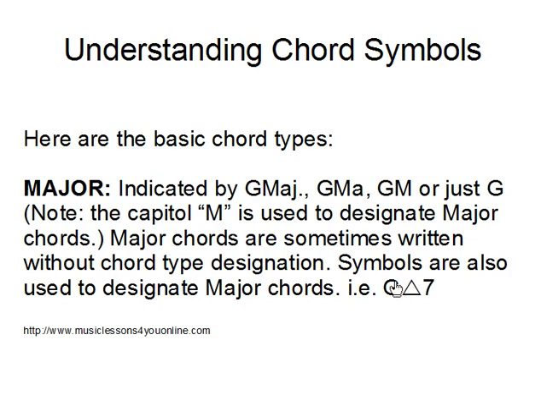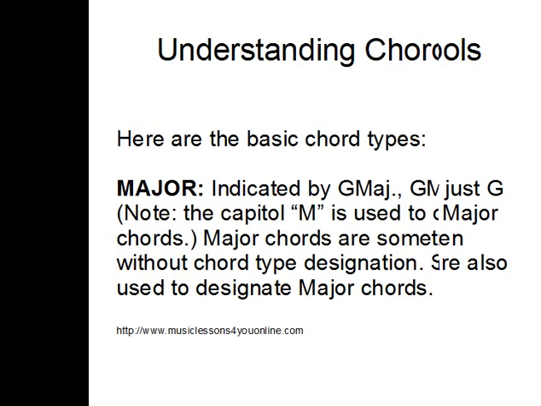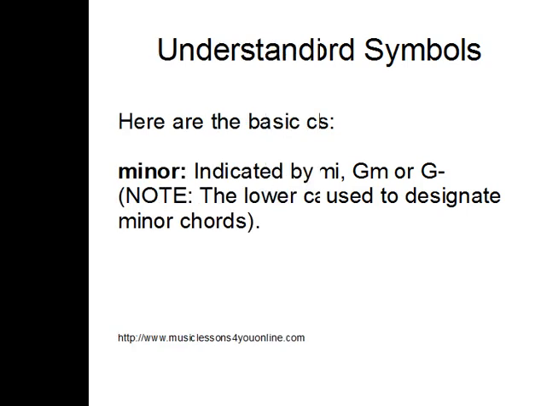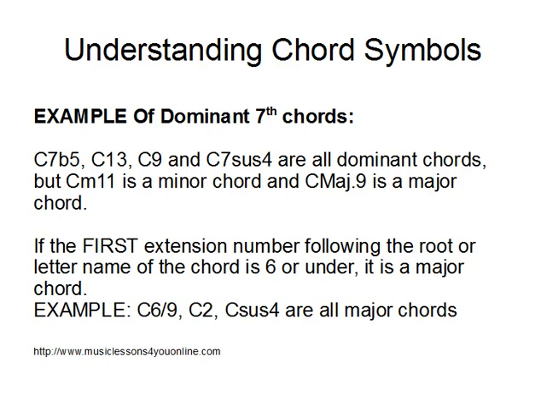That is also a symbol for G major 7. And then we've got minor type, indicated by the lowercase min, mi, or m, or sometimes just a minus sign. And you'll see that quite often in different music, especially from handwritten scores and stuff like that.